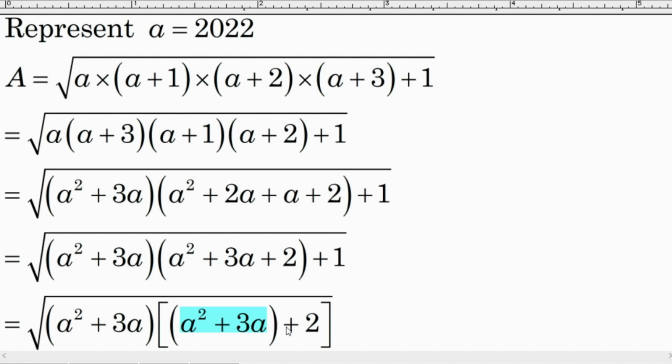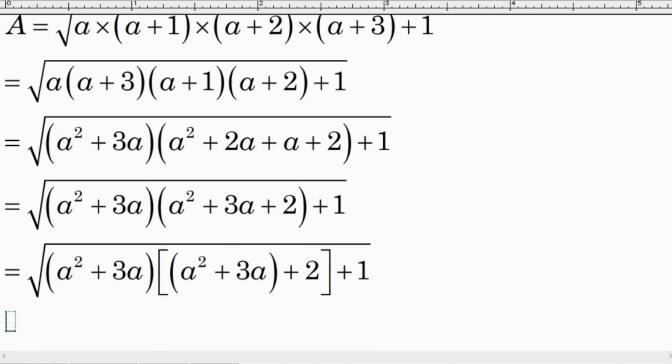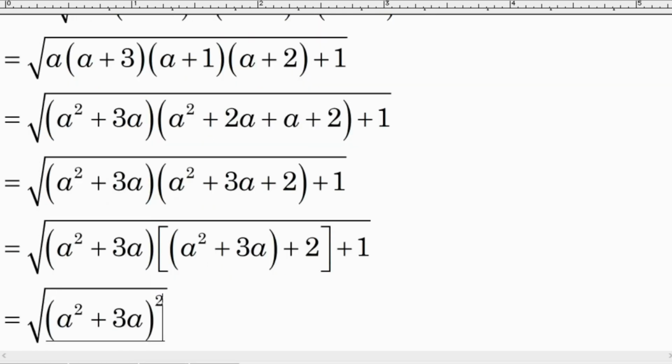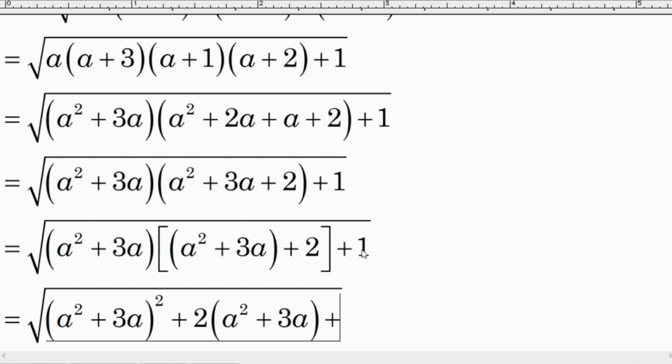Then we plus 2 and then plus 1 at the end. Next we expand this: we take this part times this part, and we get this part raised to the square, right? Then plus this part times 2, which is 2 times this part, and then plus 1 at the end here.